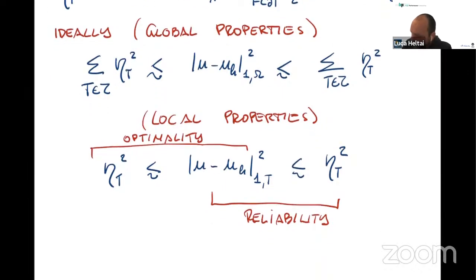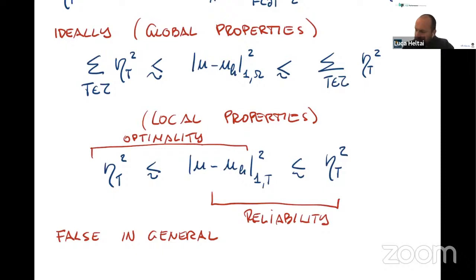And in general, this is false. I mean, if you can prove that, you have the holy grail. So you have found the optimal a posteriori error estimator, and you have found the optimal results for the global error estimators. And let's try to understand why this is false in general.